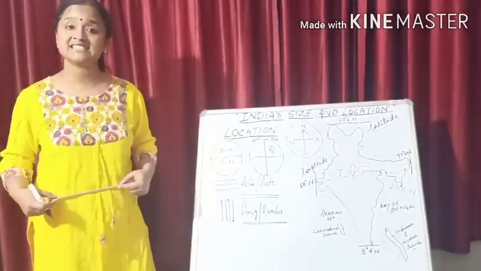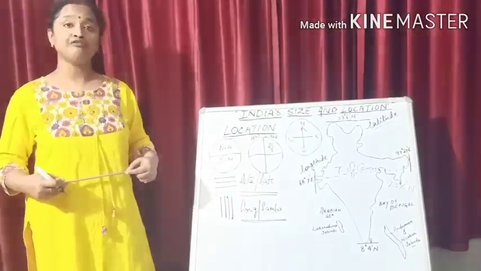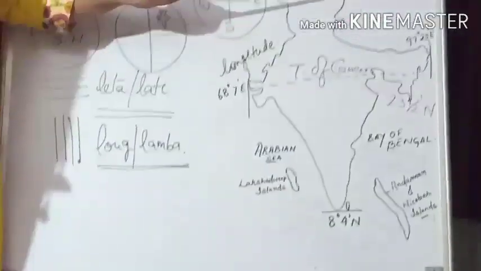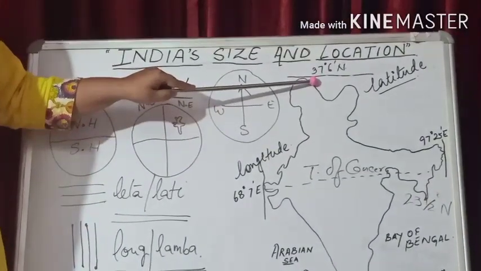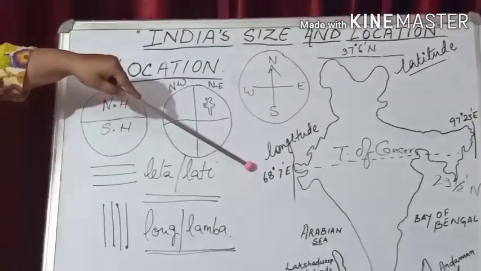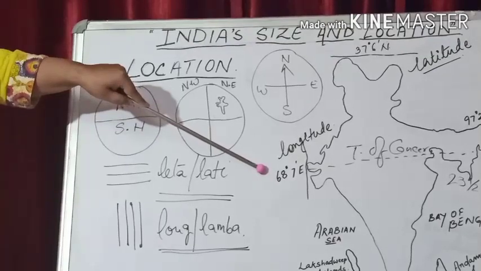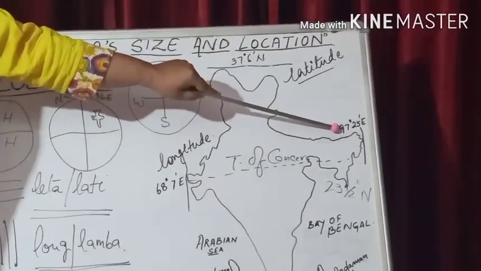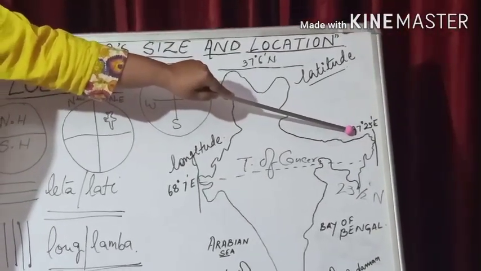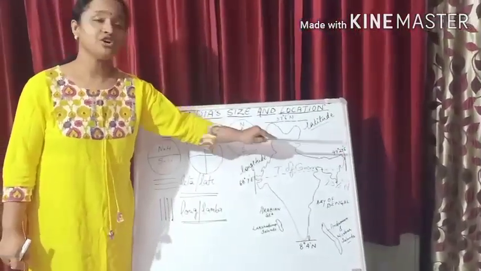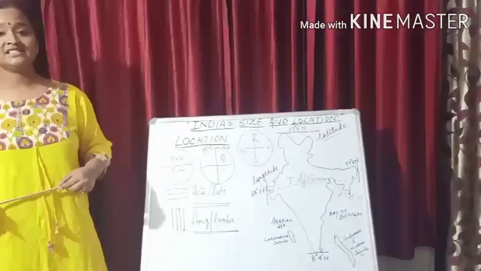But as you can see, the mainland of India is between 8 degree 4 minute north and 37 degree 6 minute north. Similarly, the longitudinal lines of India are 68 degree 7 minute east and 97 degree 25 minute east. These are the 4 important longitudinal and latitudinal lines.